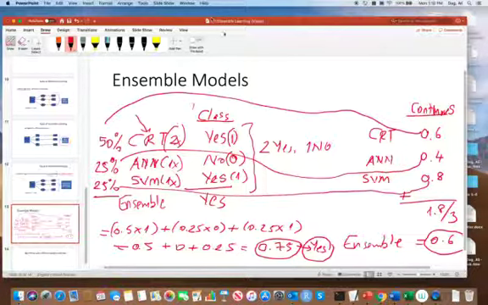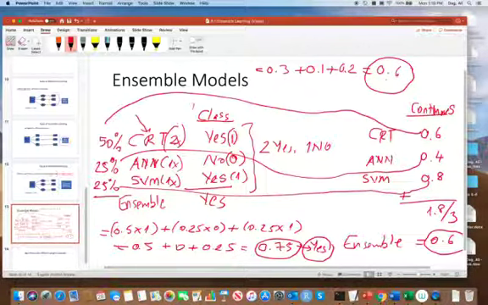We can go ahead and do it. So here, 0.5 times 0.6, the first will be what? 0.3. Plus 0.25 times 0.4, it will be 0.1. Okay. And 0.25 times 0.8, it will bring us 0.2. All right, that means 0.3 plus 0.1 plus 0.2, it's going to be 0.6.